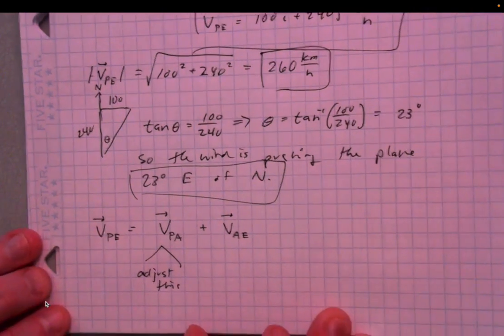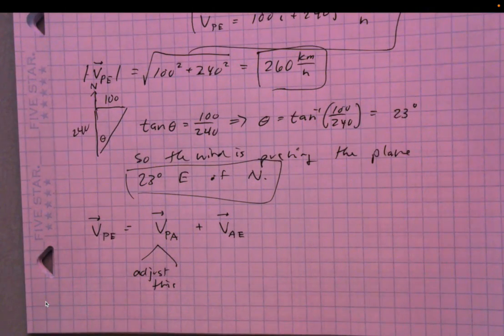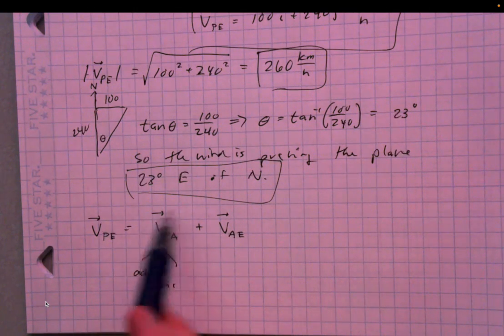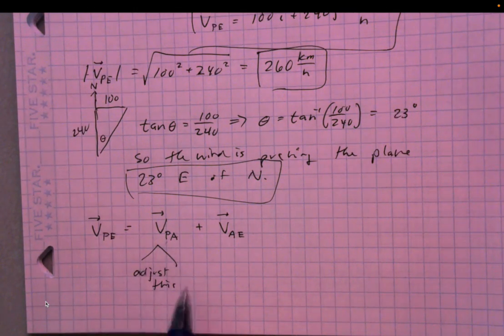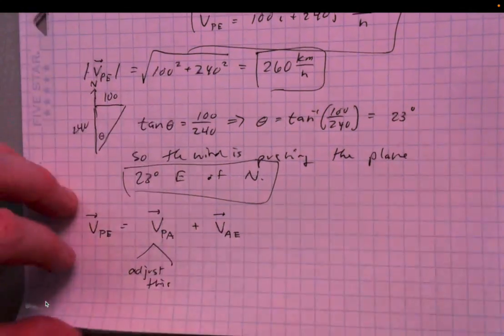That's the part that the pilot actually controls. The pilot can control the plane's velocity in the air. He can't control the velocity of the air relative to the Earth. And through this course correction, he can adjust this. So this is the piece that we're after. Let me flip the page and then we'll draw a little picture of what's happening here and how we have to think about this.